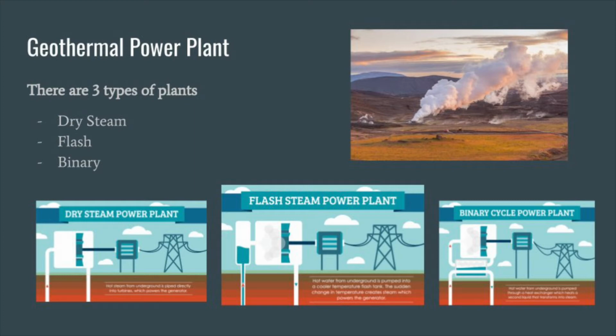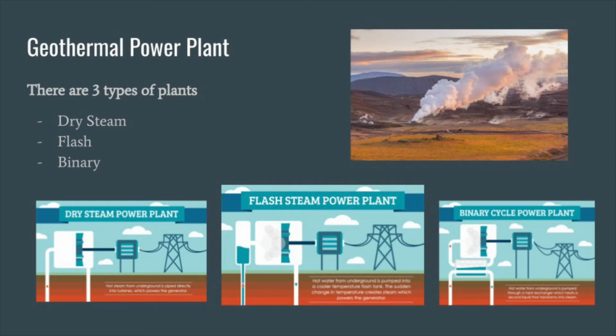The steam leftovers are then reinserted back into the Earth, where they will be placed back into the reservoir to be reused again, which is a bit different than our other 2 methods.